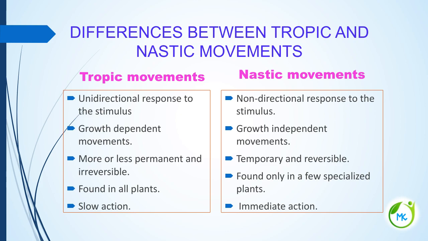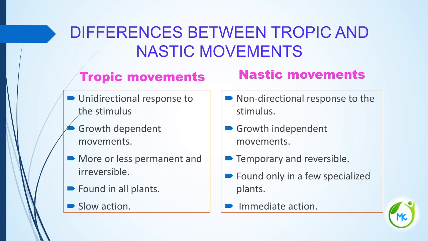So towards one particular direction, that is called unidirectional response. For example, the stem of a plant is going to grow towards the light, one particular direction. Whereas in Nastic movement, there is no such directional response. So it is called non-directional response to the stimulus.